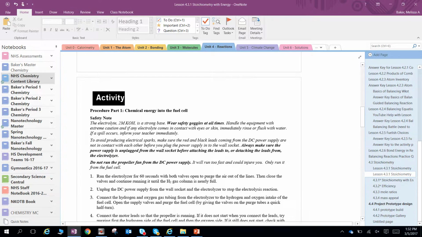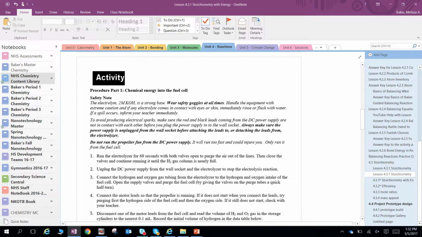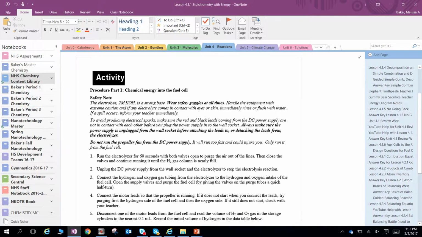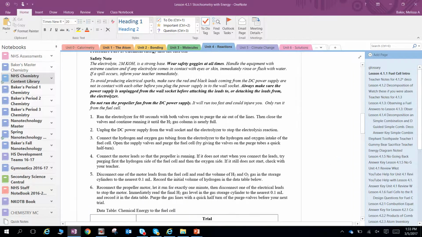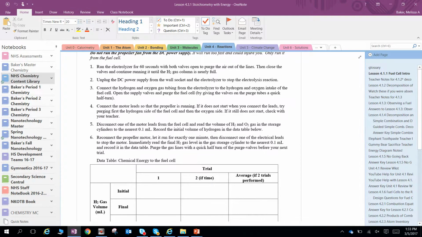All right, so reminder, you can refer back to lesson 4.1.3 as well as 4.1.2, where we were using the electrolyzers to split water into hydrogen and oxygen gas and then use those gases to power the propeller. So that's what we're doing again, only this time we're going to collect some data.